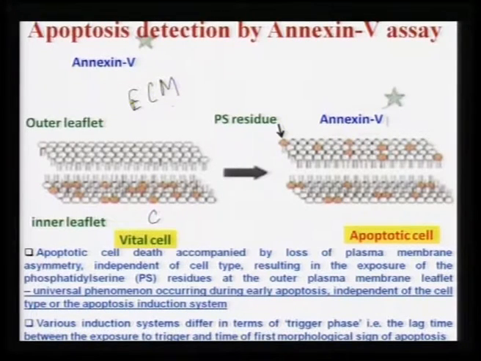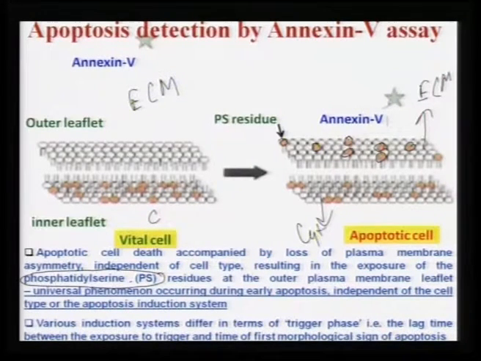Now, what happens when a cell undergoes apoptosis? Molecules known as phosphatidylserine, PS, shown in red or different colors here, become increasingly exposed towards the ECM compared to the cytoplasm. But when a cell is alive, you do not see any phosphatidylserine in the outer leaflet exposed to the extracellular matrix.